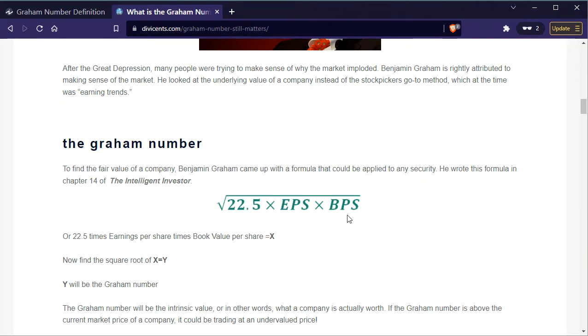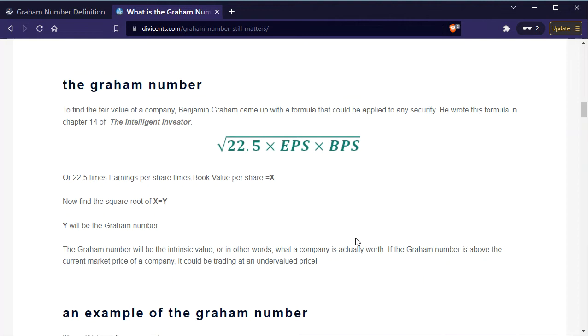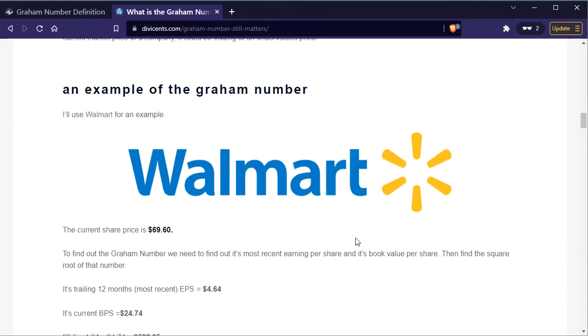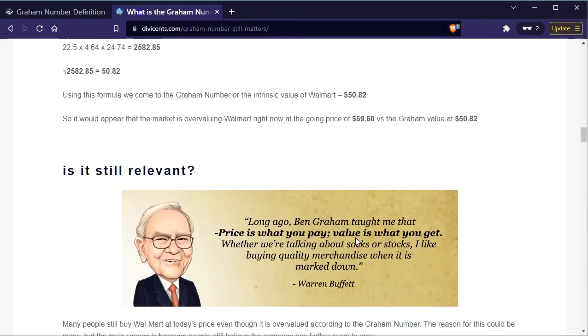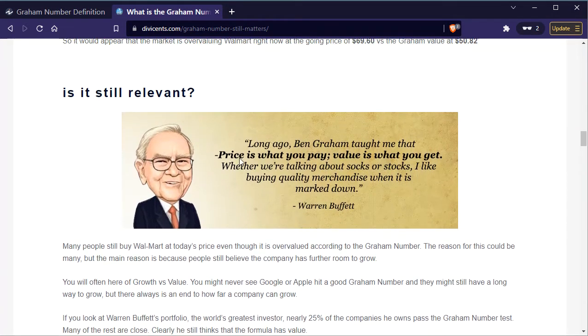Actually, the book value of a company is the real value of the company, but the book value or the value of the company is not always equal to the market value. So Graham's number is really important. Is it still relevant? You can see over here, price is what you pay, value is what you get.